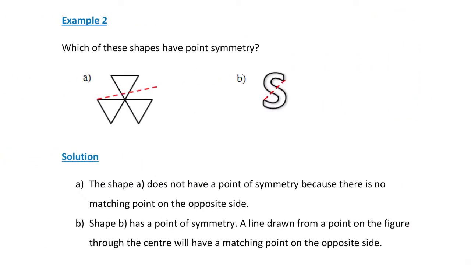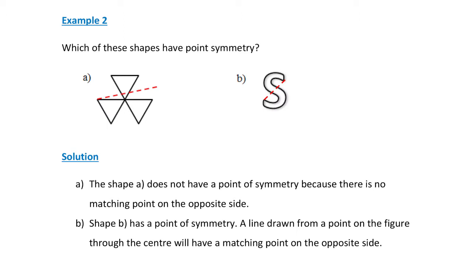Let's look at an example here. In the example, it says, which of these shapes have point symmetry? The first shape is labeled A. Shape A does not have a point of symmetry because there's no matching point on the opposite side.